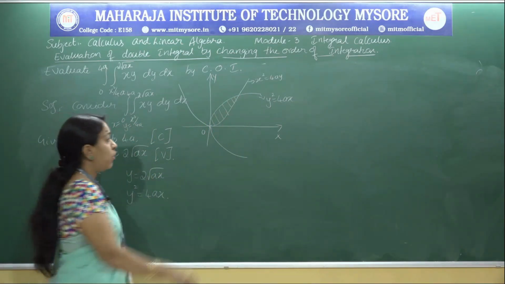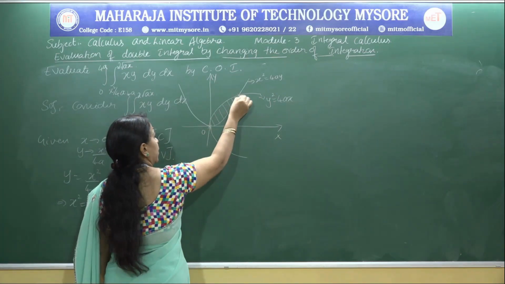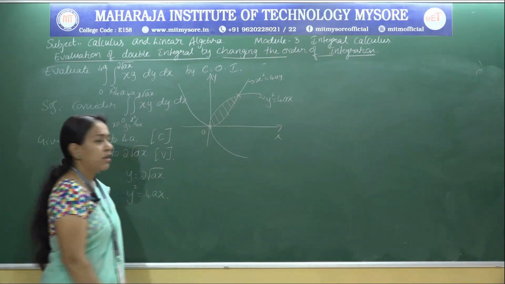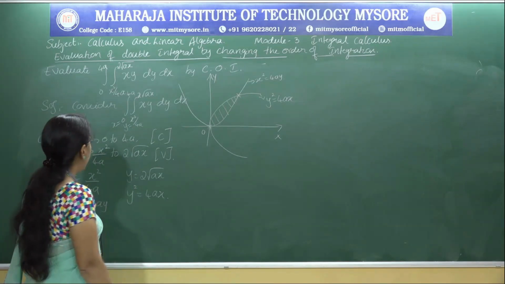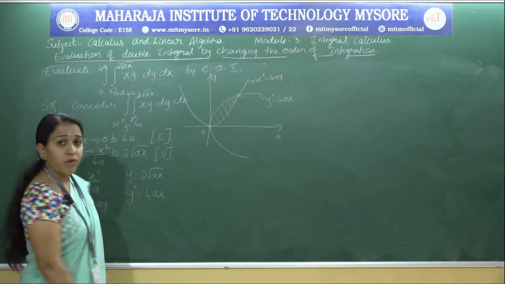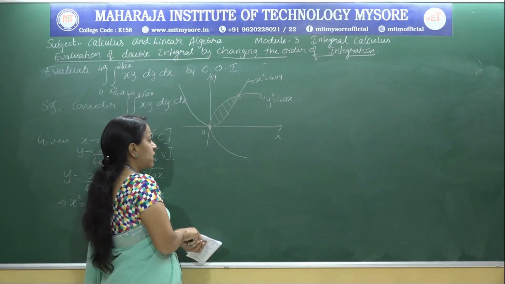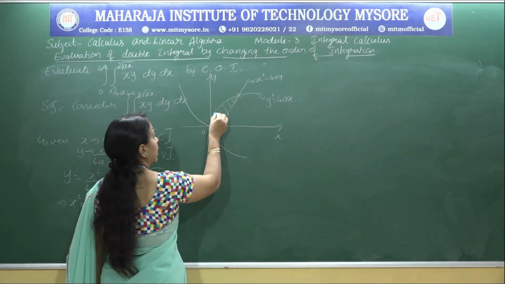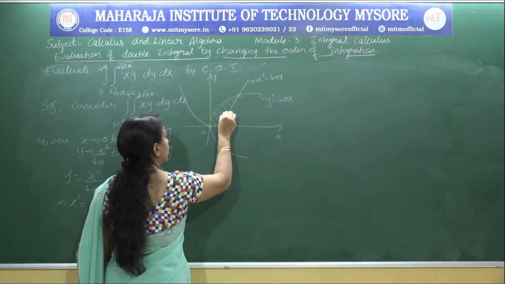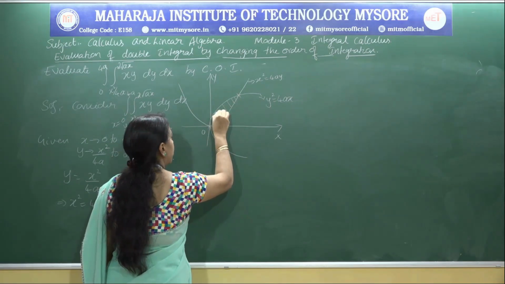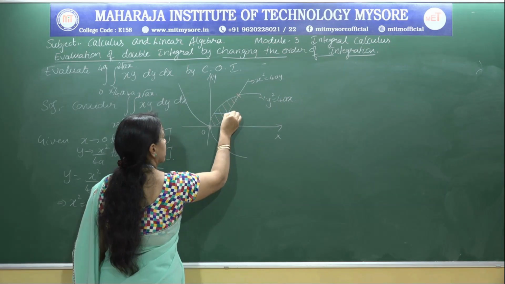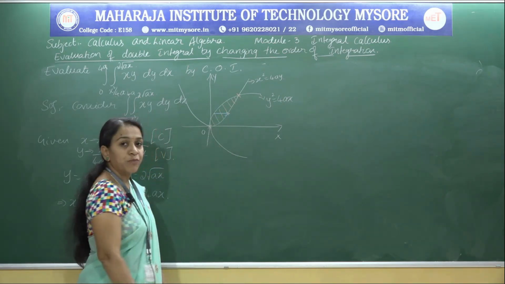So we should get the points of intersection. We have 2 points. We should obtain the points of intersection. And of course, we have to change x as a variable limit, right? So the x limit should be considered inside the bounded region, along a line parallel to the x axis. Yes, this is our x limit.